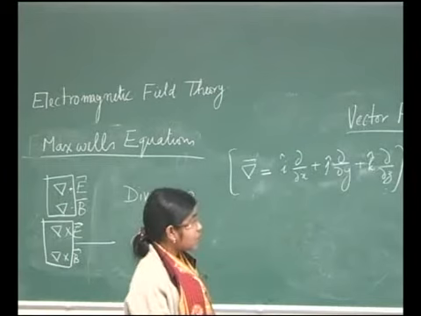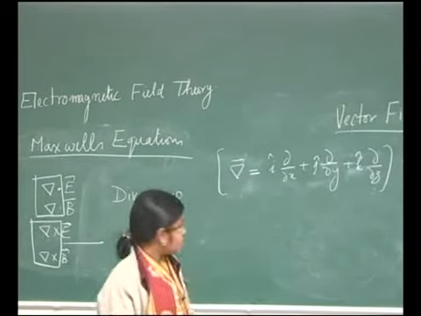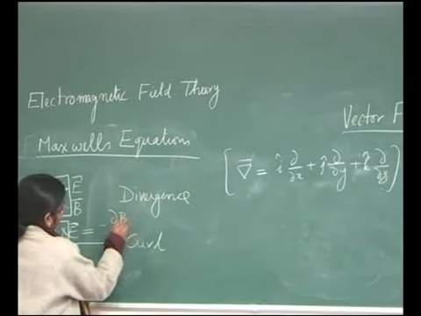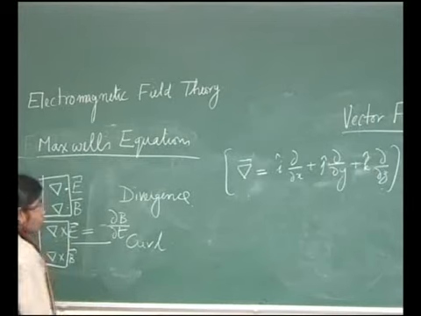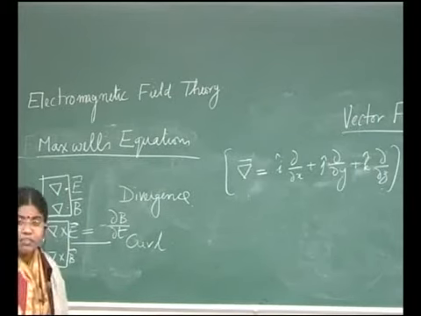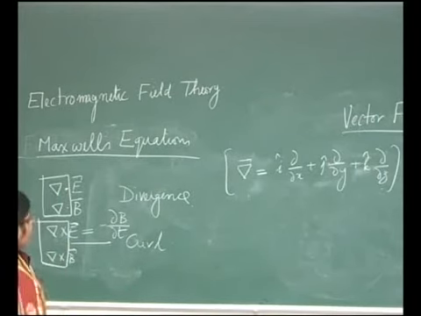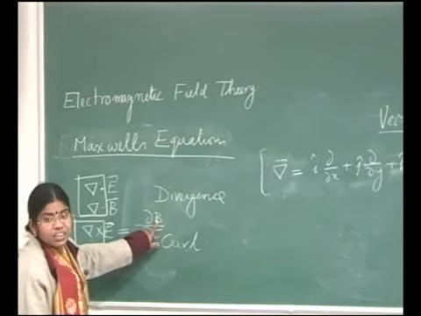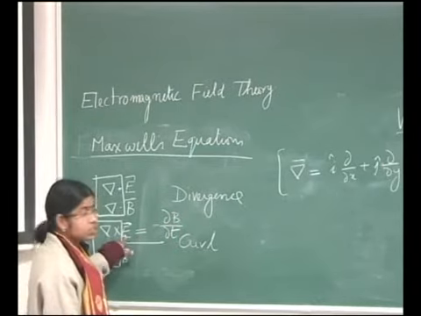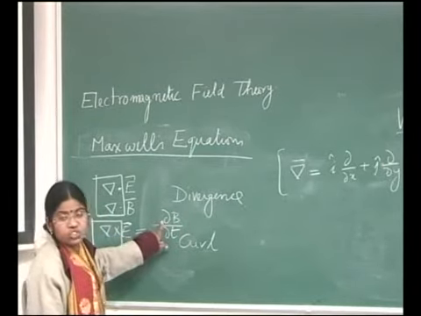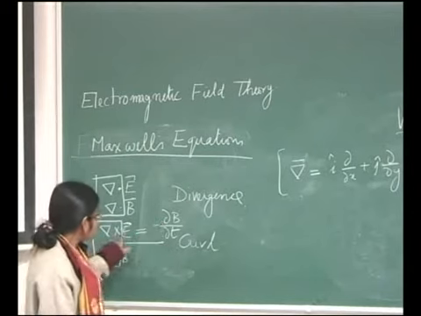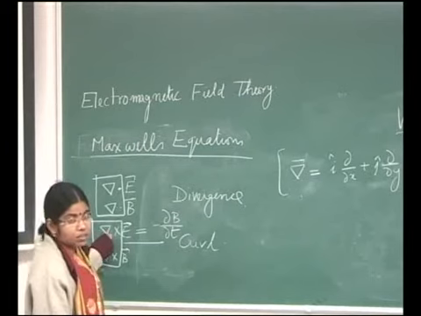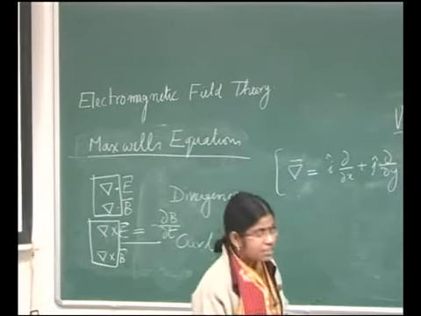So in electrostatics, electric fields are irrotational, but that's not the case in electrodynamics. Here, the curl of E is the negative rate of change of the magnetic field. That is, the induced magnetic field will try to oppose the cause due to which it was generated. So del cross E is equal to minus del B by del t in electrodynamics.